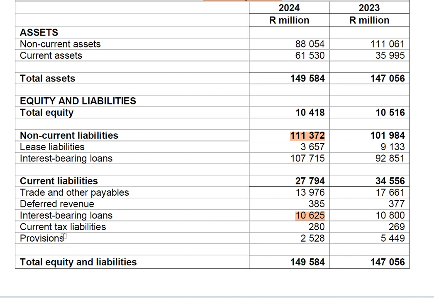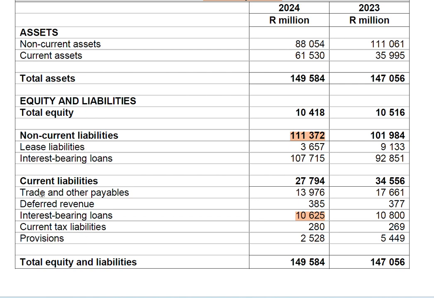If you look at the amount for the current year, because you want to make a right issue in the current year, you can see the interest-bearing loans at 10.625, and then this other part of non-current liability. We're going to consider both of them because they are both interest-bearing. We know the lease liability is interest-bearing, and we know these loans are stated as interest-bearing. What mistake might you have made here? You might have missed the lease liability amount. The lease liability has interest, so it should have been considered.